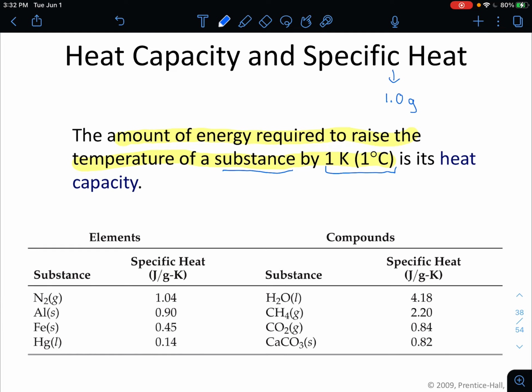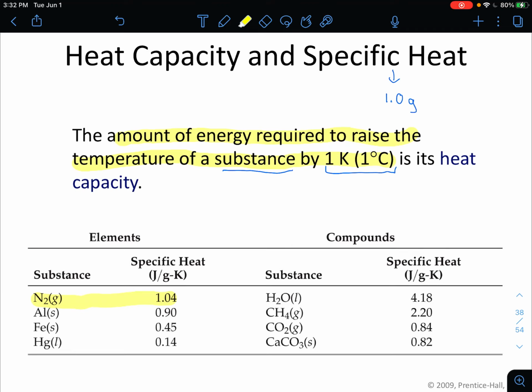So that's a more valuable number to have access to because it relates it also to the amount that we have. What you see in the table down below here are a bunch of different substances and their specific heat values. So let's highlight a couple here. Here's nitrogen, the primary component of air here.